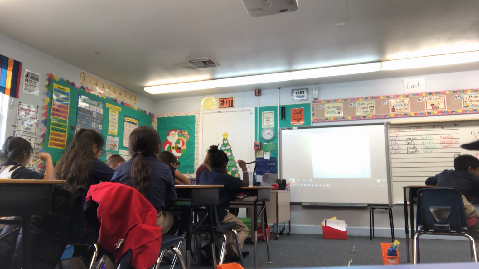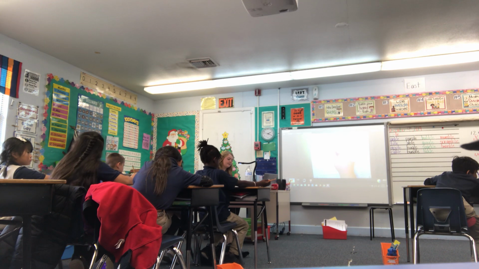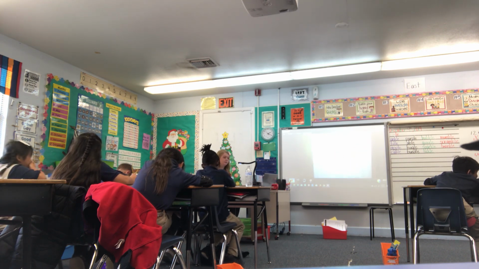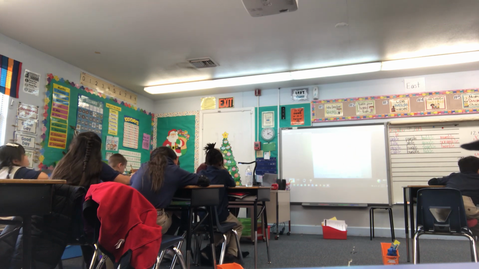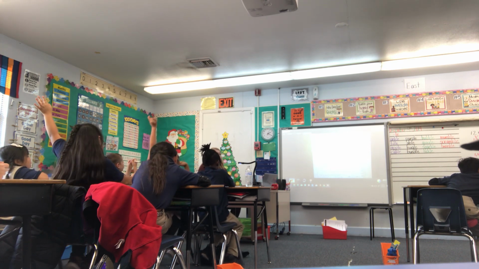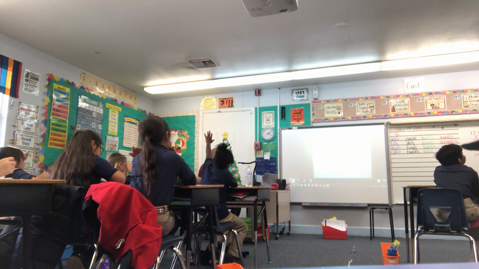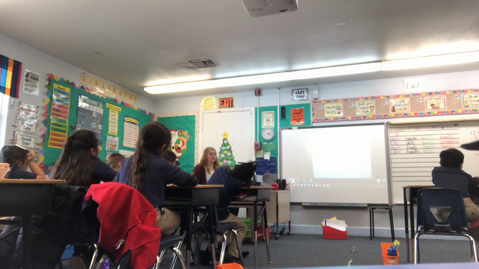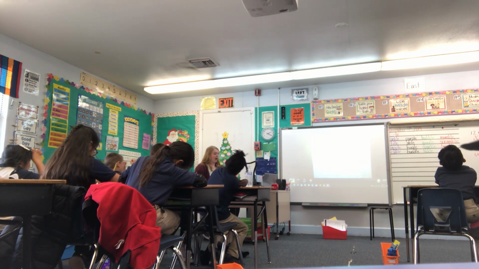Melanie? 48 cents plus 37 cents. And what is our answer? We already know the answer. Brian, what's the answer? 85 cents. Our answer is 85 cents. Not dollars. Not kitties.